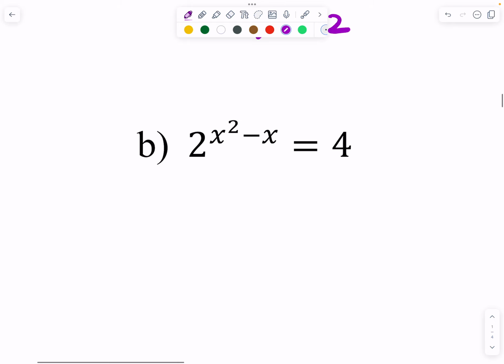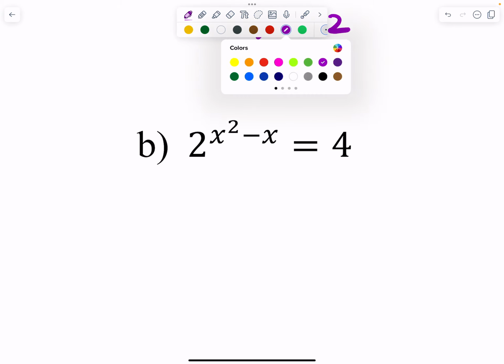Next equation is a little step up in difficulty because it's not obvious at first glance that the one-to-one property could be applied. But looking at the equation closer, we can see that the right-hand side of 4 could actually be written as 2 squared.